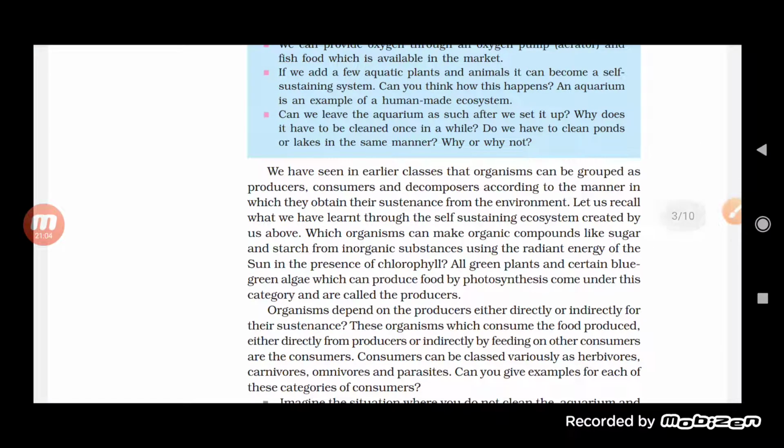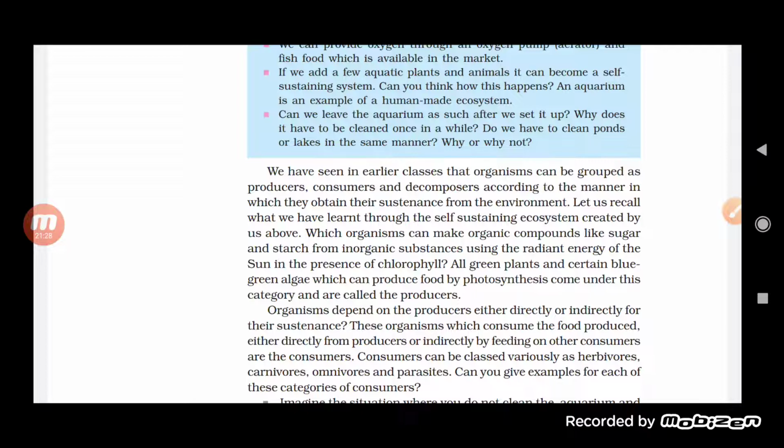Okay. Now in the same group we can include another term, that is consumers, producers and decomposers. When we talk about the producers, producers are what? These are the organisms which basically help in producing food.